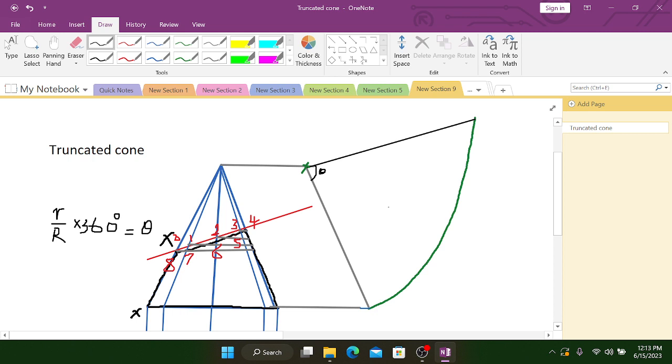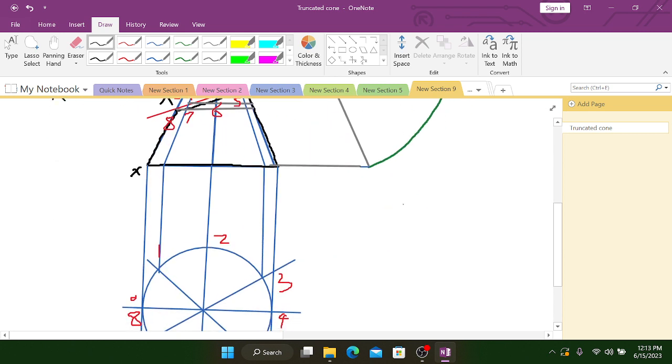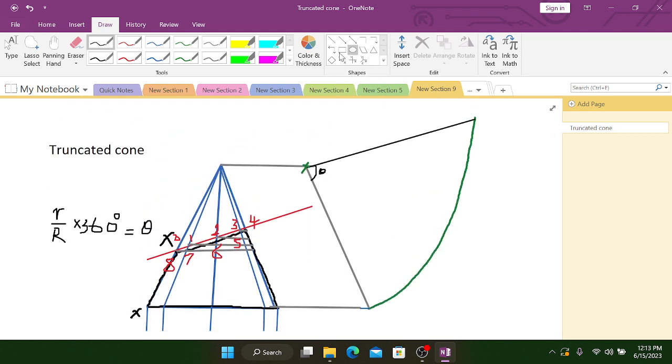Then I can divide this one, and by following that way I can continue to get 4 equal portions. So 8 equal portions.